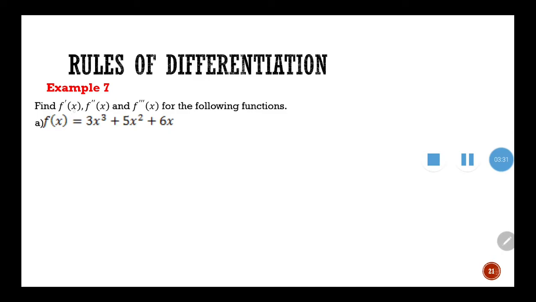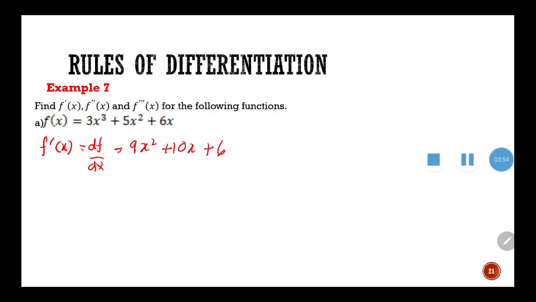We have f(x) equals 3x cubed plus 5x squared plus 6x. Okay, so this one f prime x or df over dx, dia akan jadi apa? You differentiate je 3x cube ni, maknanya dia akan dapat 9x square plus 10x plus 6.